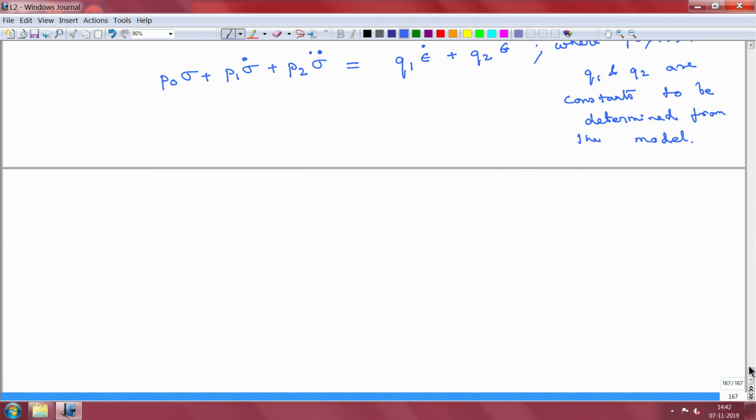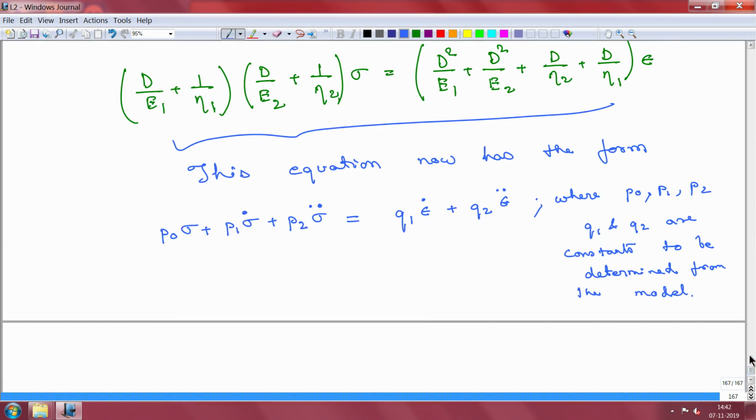Now, this probably suggests a mechanism by which we can generalize this idea to, let us say, n Maxwell models in parallel.